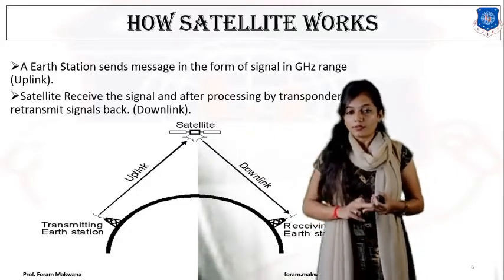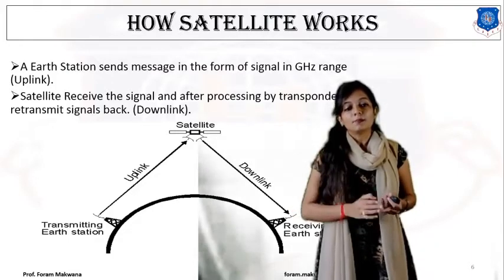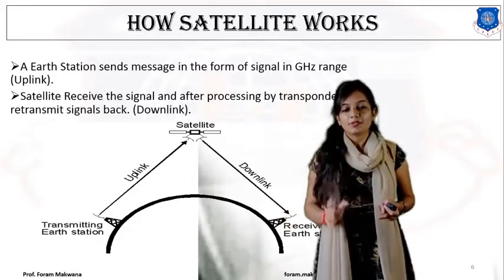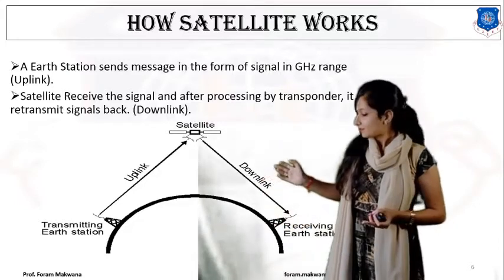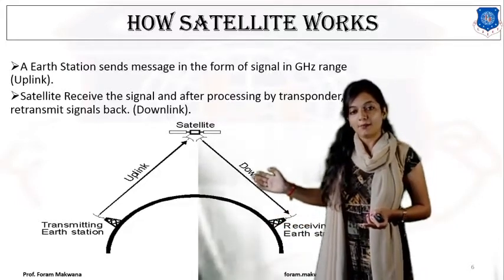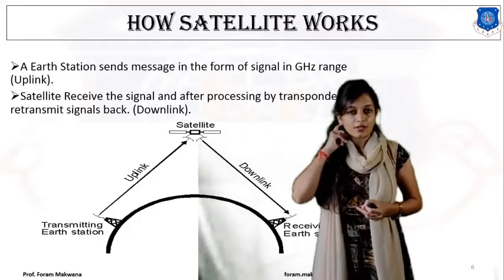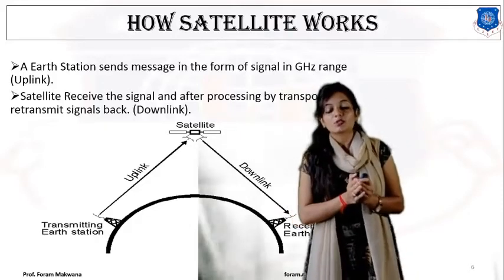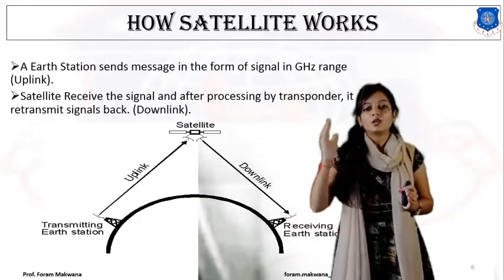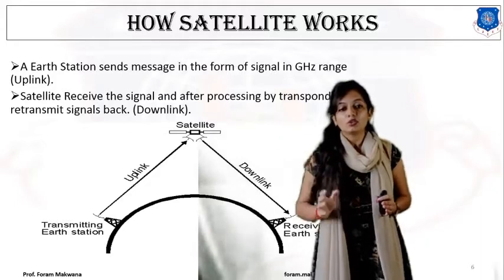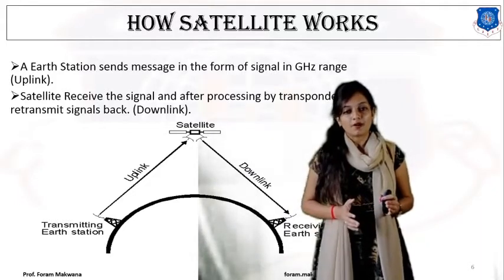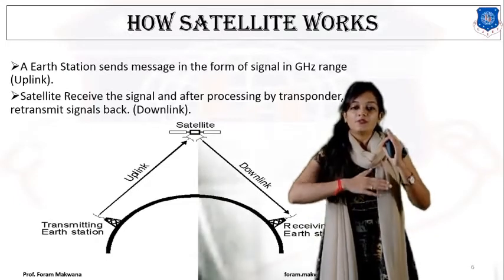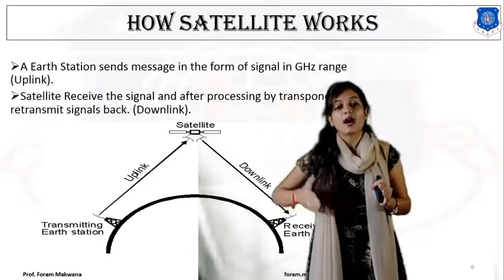So our uplink and downlink frequency must be different, and uplink must be high compared to downlink. The reason is, as the frequency increases, the requirement of power also increases. So the frequency is directly proportional to the power. That means if the frequency is high, we need to transmit high power.